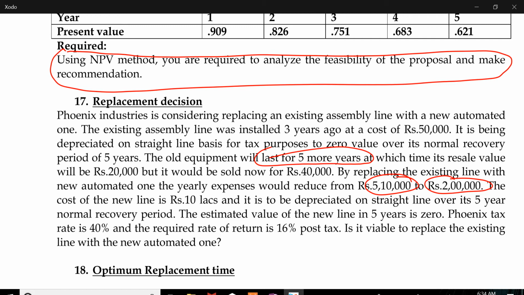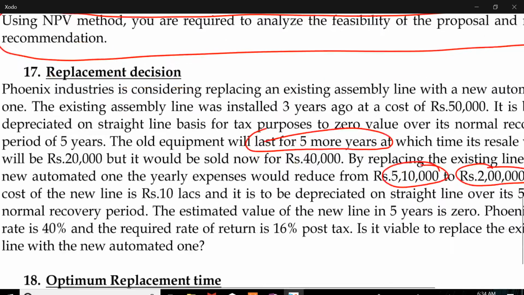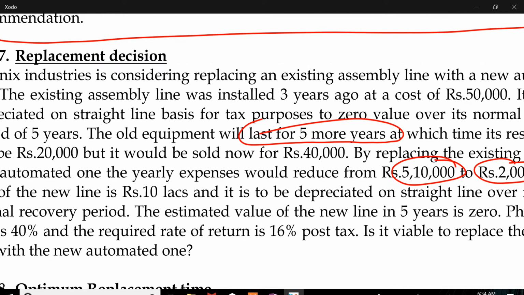Next point. In this step 4, we will have to first compute the incremental cash flow and then compute NPV.